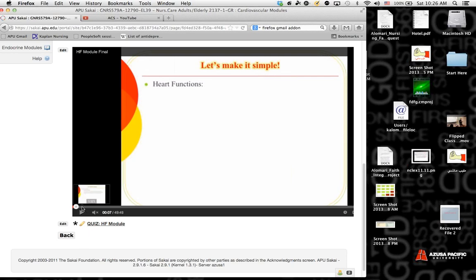You need to differentiate between right-sided and left-sided as far as the clinical manifestations. As I said, if the problem is in pushing, then the manifestation will be in the back. So if it's left-sided heart failure, what is in the back is the pulmonary circulation. So the patient will show mainly pulmonary symptoms like pulmonary edema, crackles, orthopnea, dyspnea, and so on.